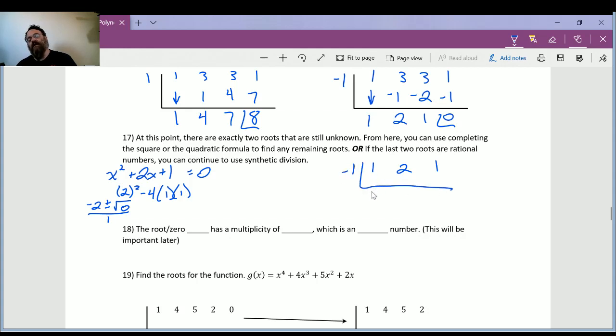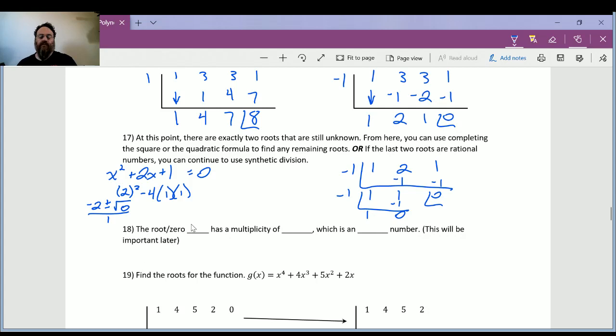Negative 1. This is part of why we have to use the depressed polynomials here. Negative 1 is going to work again. And it's going to work again.